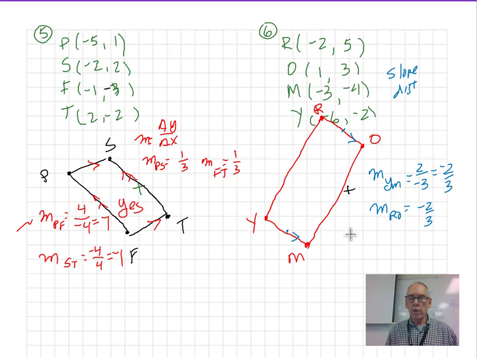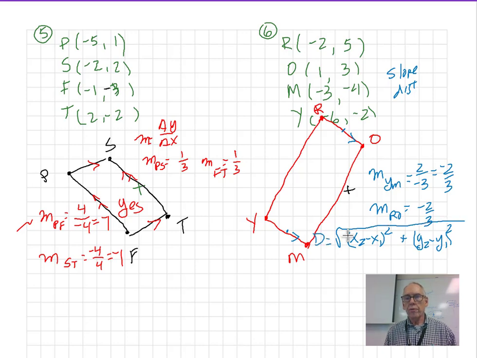So the distance formula is the difference of the x's squared plus the difference of the y's squared, and we add them together and take the square root. That's the distance formula. So from R to O, we're looking at the difference of the x's squared. We've got negative 2 take away 1 is a negative 3.